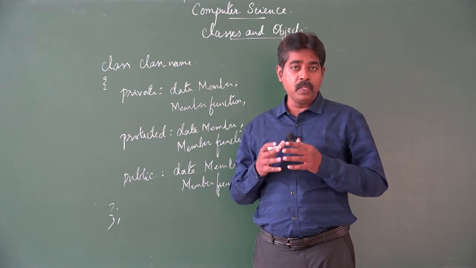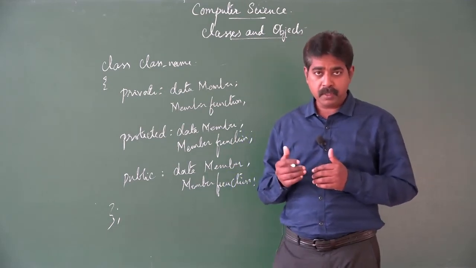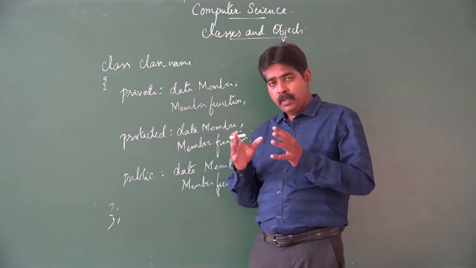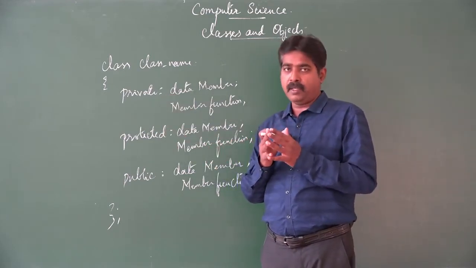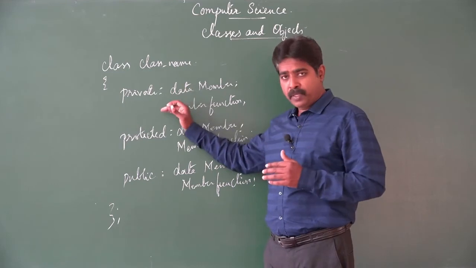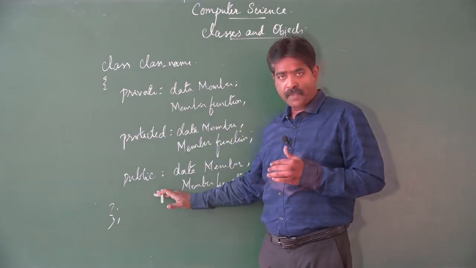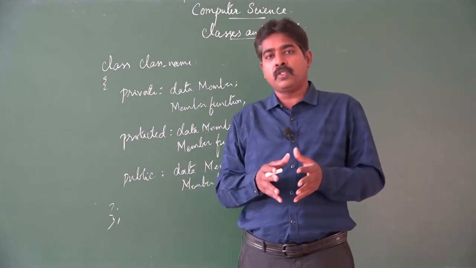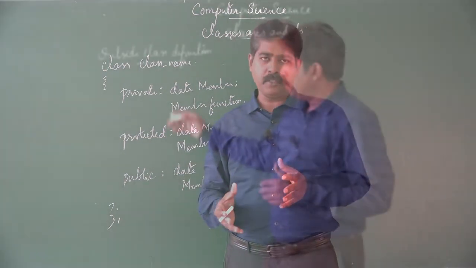We won't be able to access the members under private directly. So we will be accessing the private members through public. So we will be discussing simple interest in the context of outside class definition.